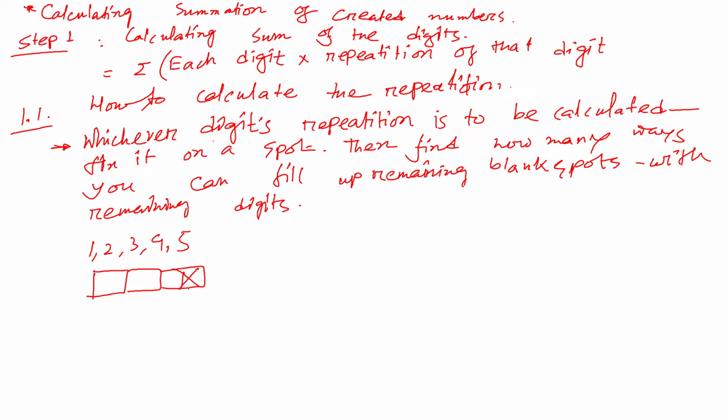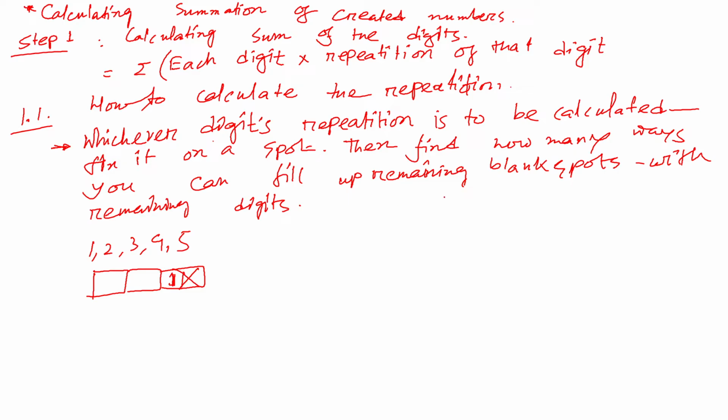There are 4 digits left. If I have fixed 1 up here, as we said, whichever digit's repetition is to be calculated, fix it on a spot. So I want to calculate the repetition of 1, right? So I have fixed 1 first of all.